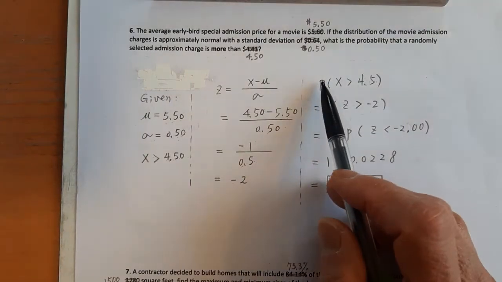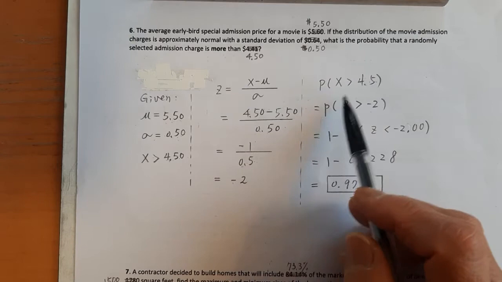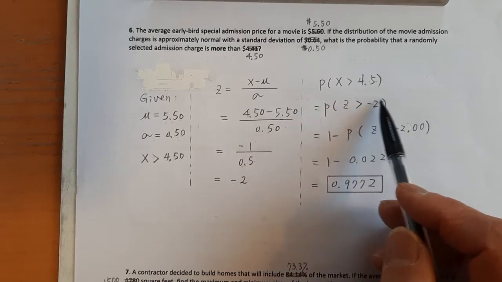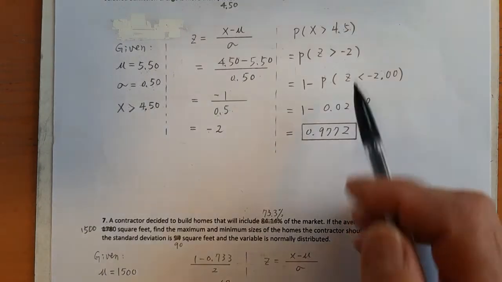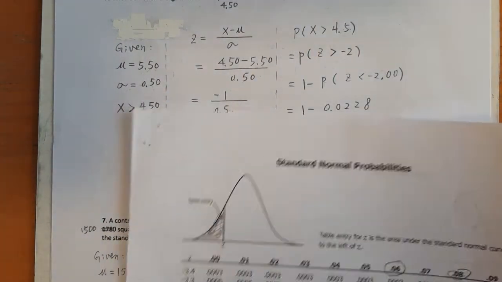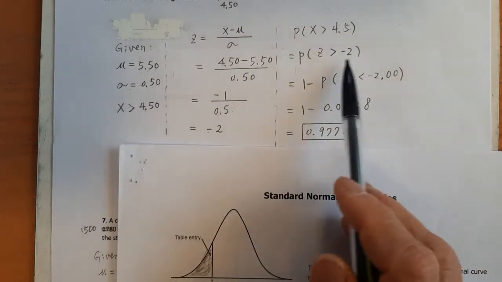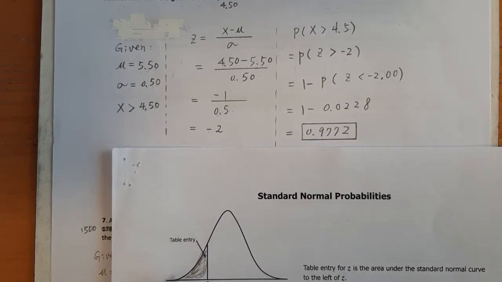So the probability of X more than 4.5 is the same as the probability of Z greater than negative 2. We won't be able to use the table directly for greater than negative 2, because the table gives the area to the left, not to the right.